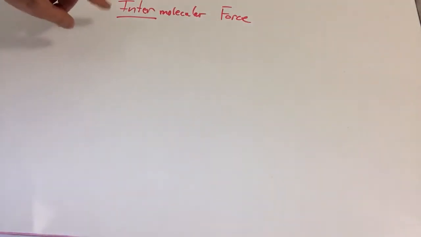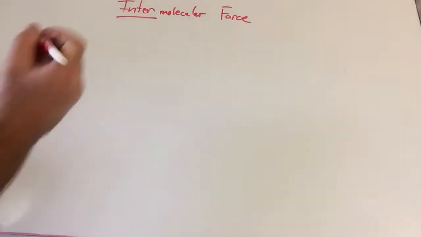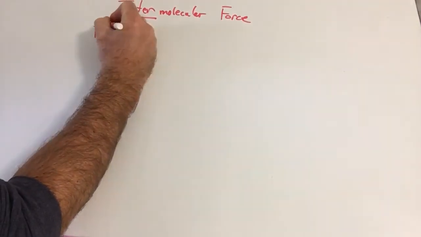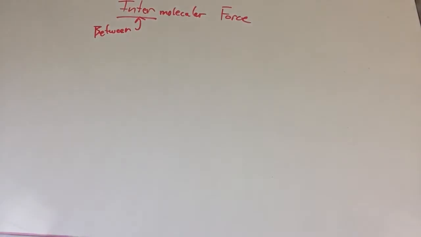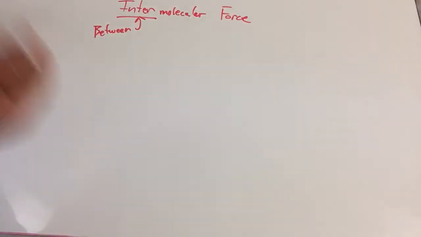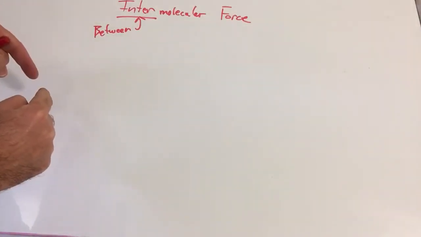That would be an intramolecular force, if that were a word, right? This is an inter. And inter means between, right? International flights go between countries or nations. The internet is a network between computers. Inter means between.